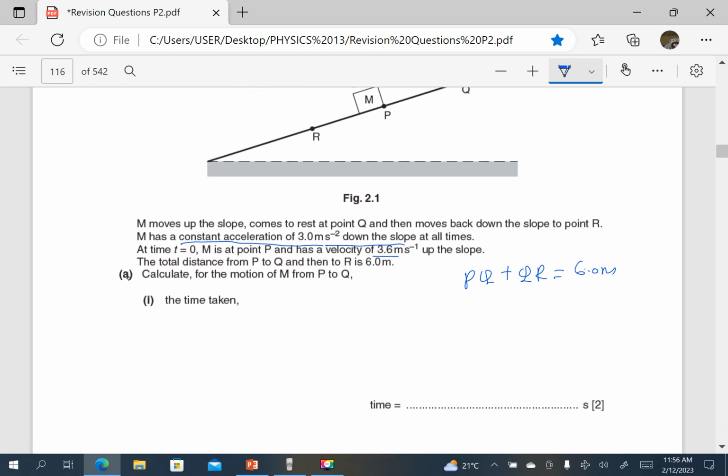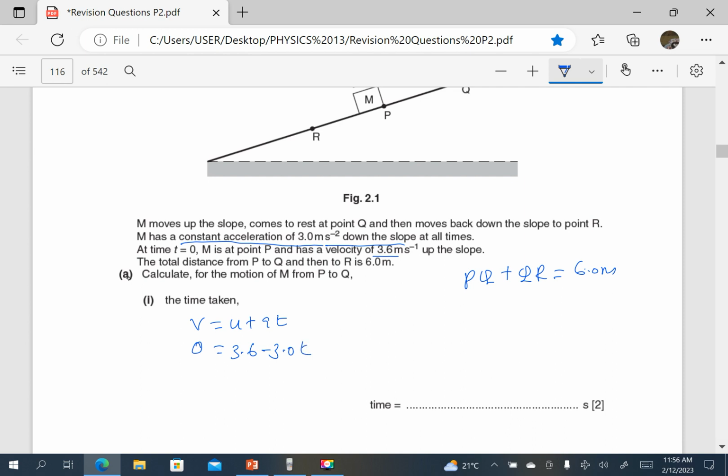Calculate, for the motion of M from P to Q, the time taken. So using v equals u plus at, because the acceleration is constant. At Q, it comes to rest. That means v is 0. Initial velocity is 3.6, minus, because the acceleration is negative. So that will be minus 3.0.